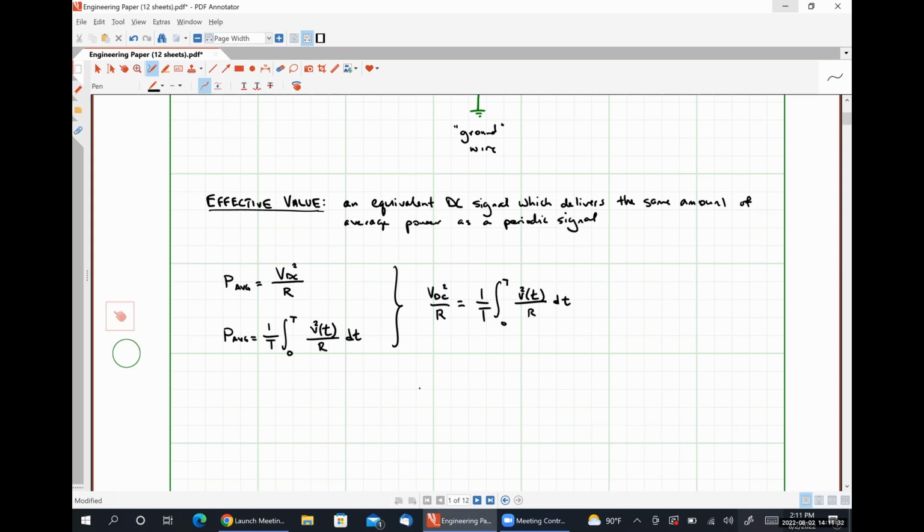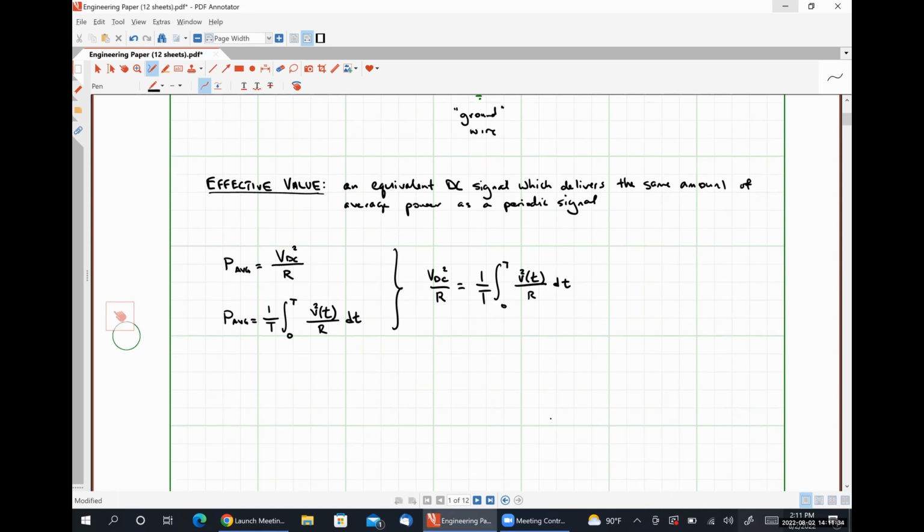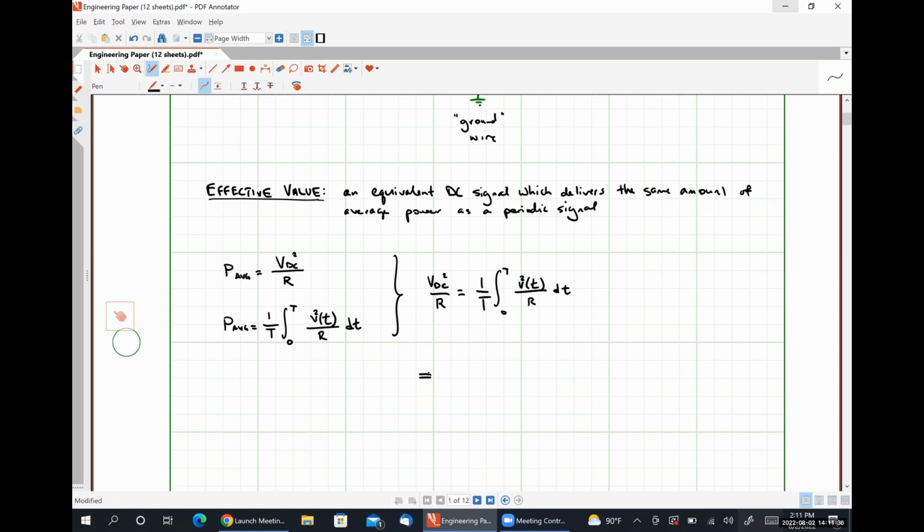From that, we have the relationship that VDC squared is equal to 1 over T integral from 0 to T of our periodic voltage waveform squared multiplied by dt.